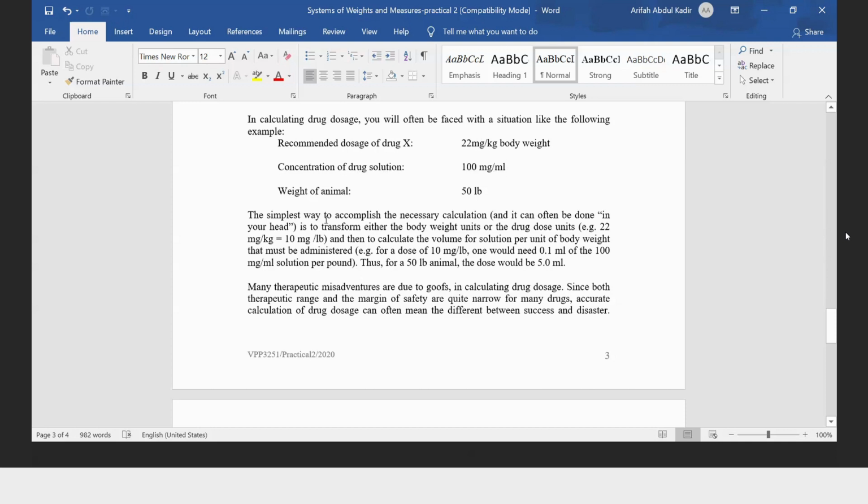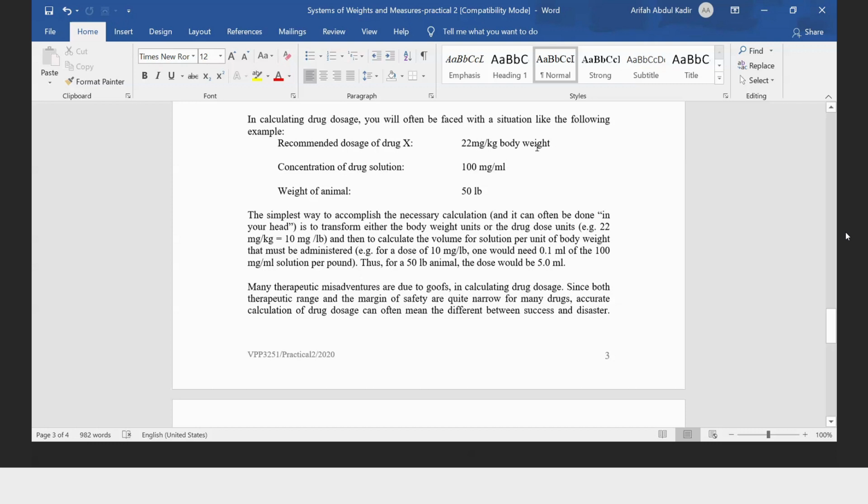The weight of the animal is given in pounds, 50 pounds. So can you solve this problem? The question is, how many ml do I need to administer to this animal?